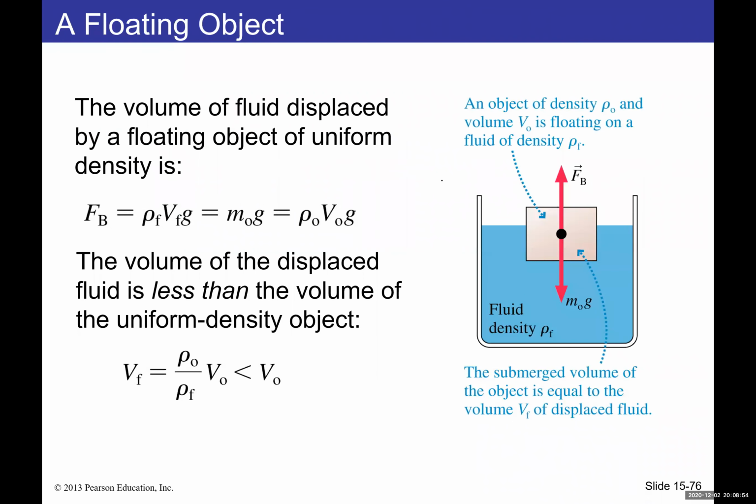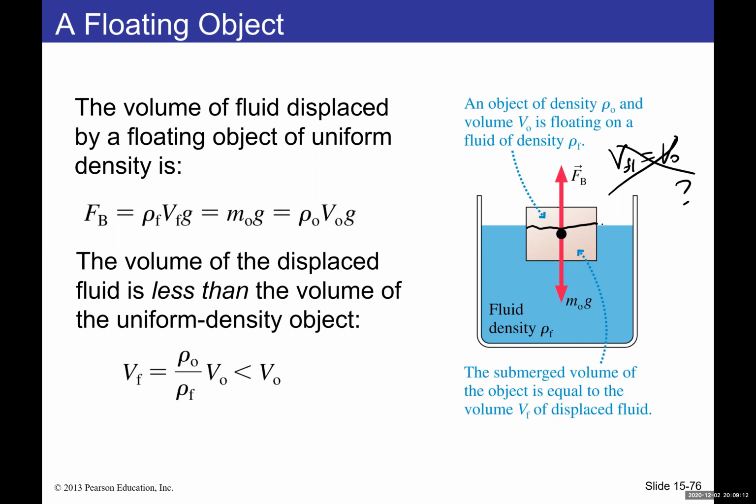But what if the object is floating and not fully submerged? Is the volume of the displaced fluid equal to the volume of the object? Well, no, because not all the volume of the object is inside the fluid.